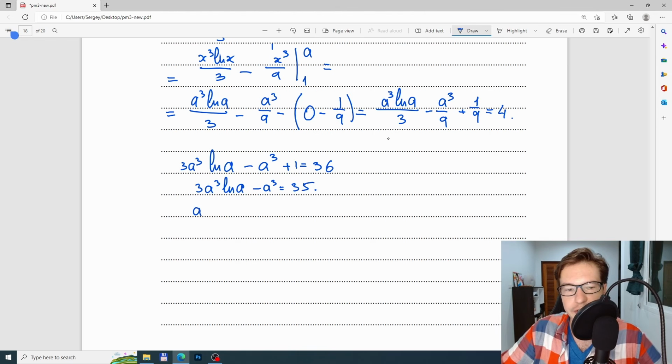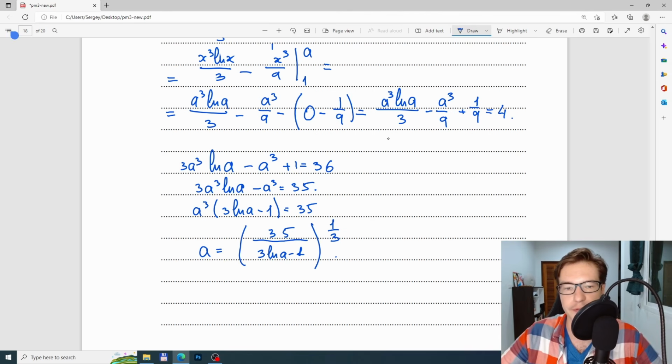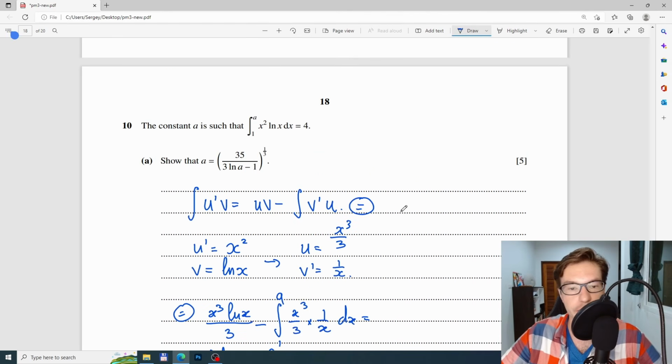Now I'm going to factor out a cubed. And finally, I will get a equals 35 divided by the bracket, take the cube root, or the power of a third, which is exactly what I had to show.